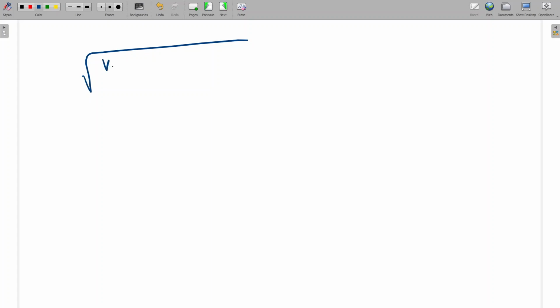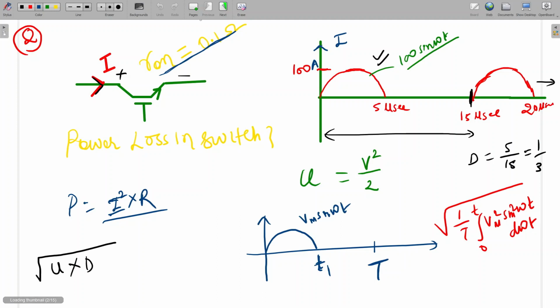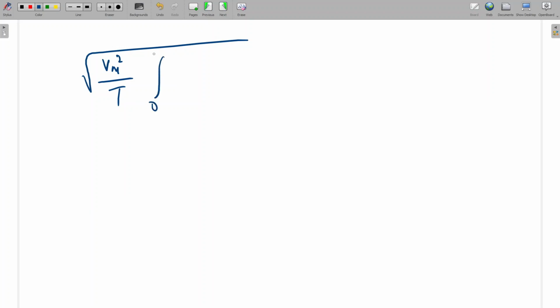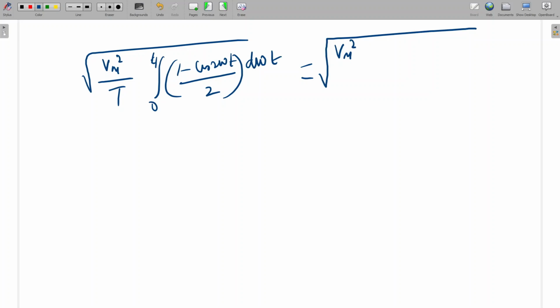It will be Vm square by T, and sine square omega t we can write as 1 minus cos 2 omega t by 2, so integral from 0 to t1 of (1 minus cos 2 omega t) by 2 into d omega t. This 2 I am taking outside, so it will be Vm square by 2.